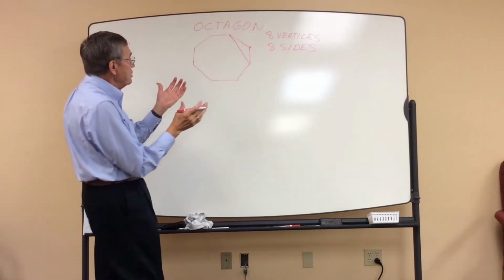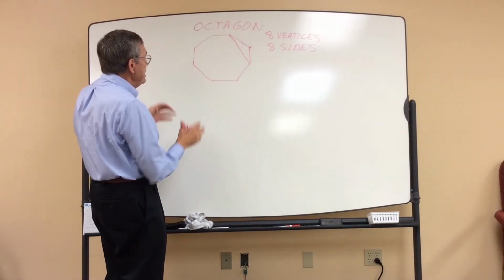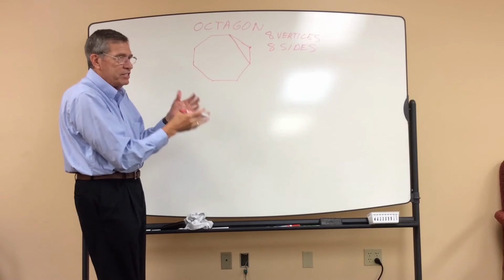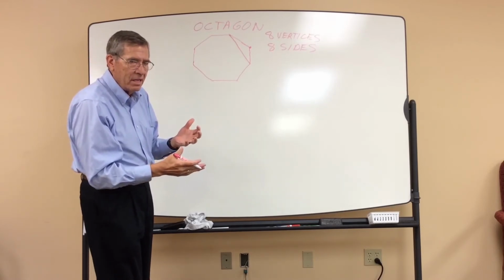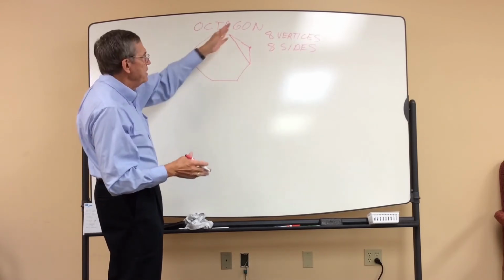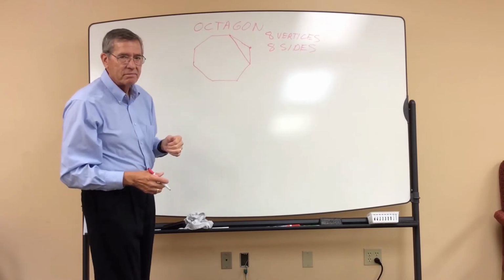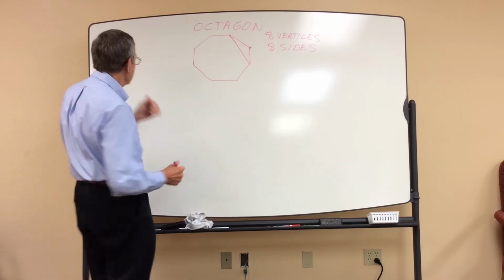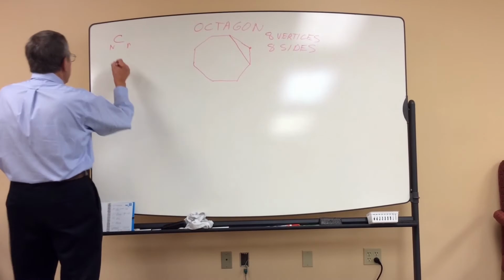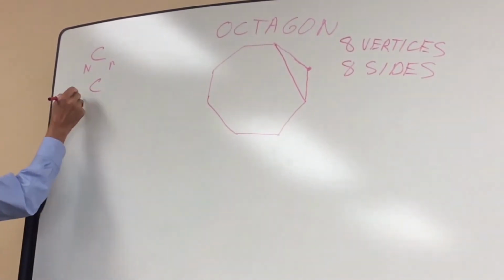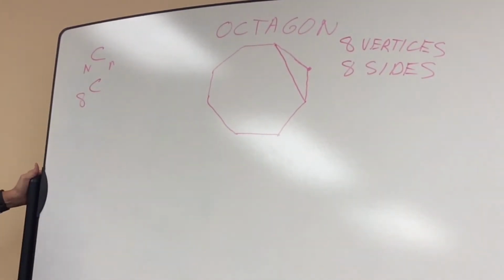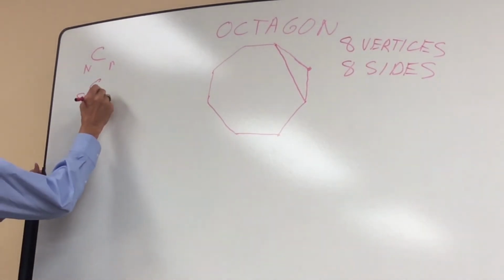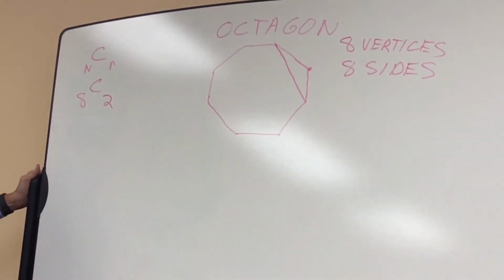So let's ask ourselves, how many different ways can we connect 8 points, 2 at a time? Those connections will either be sides or they'll be diagonals. That makes sense? Okay, so let's do that. So we want the combination of 8 things, points, connected 2 at a time. Okay, that'll be the total.